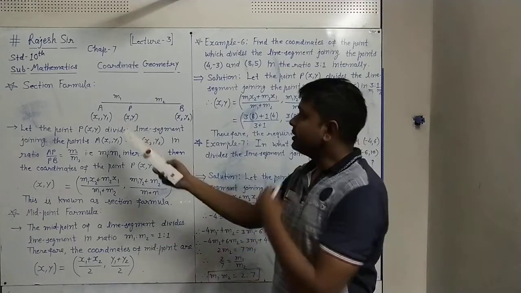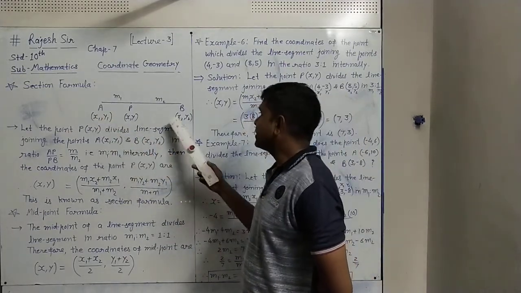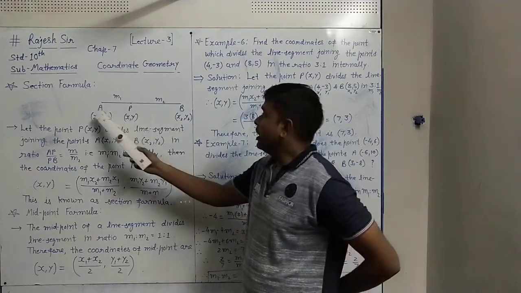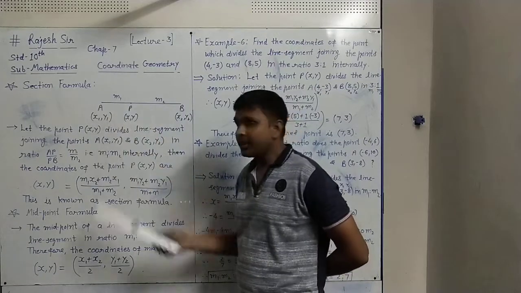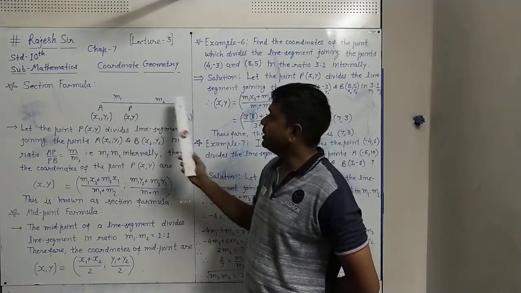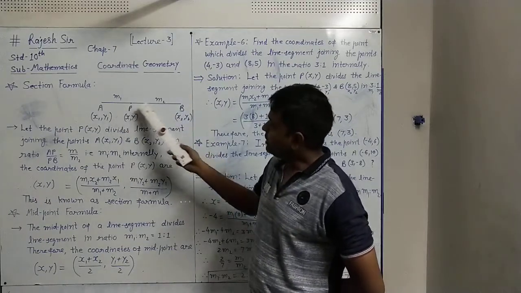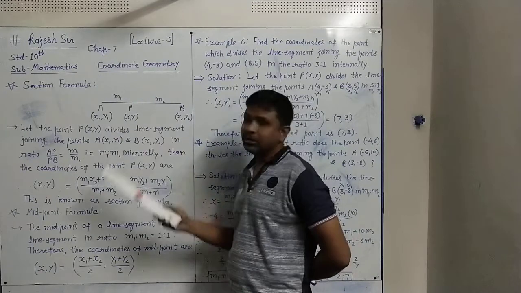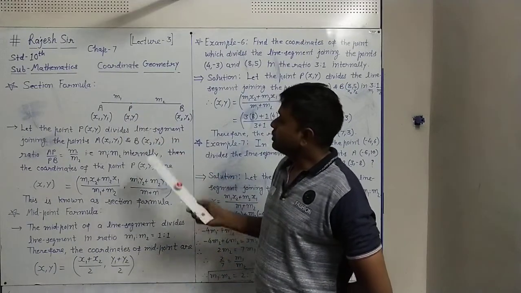As we can see here, there are two points, say A(x1, y1) and B(x2, y2), some distance apart, and the line segment AB joins both points. Let the point P, with coordinates x and y, lie internally on this line segment.